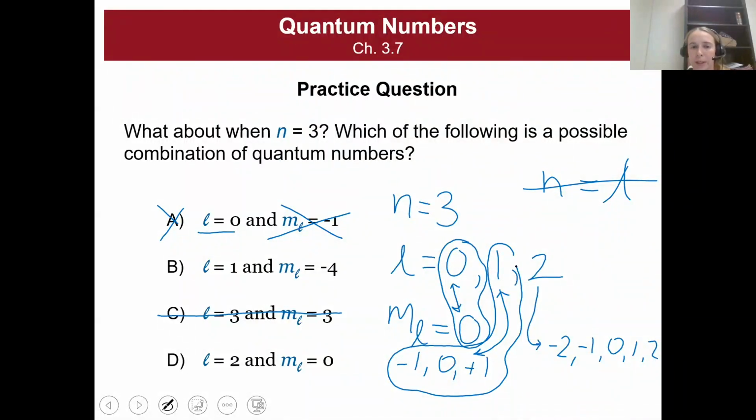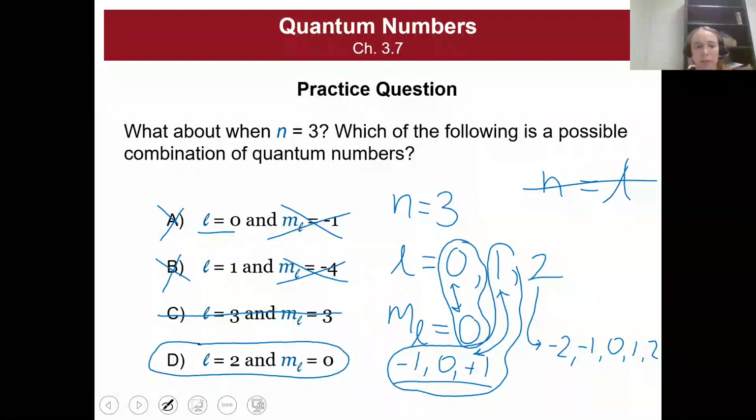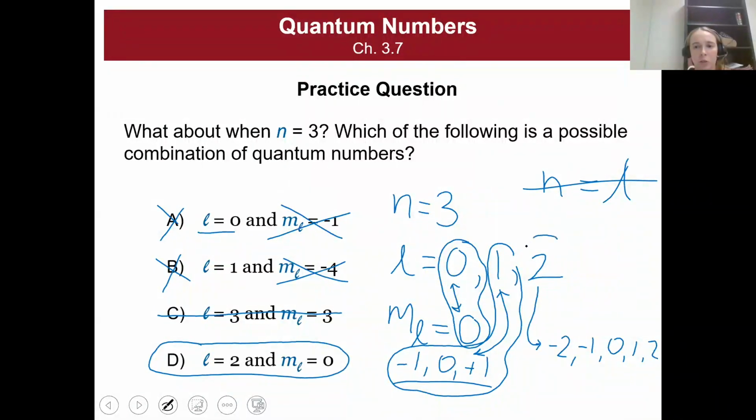It can't be -4. It can only be these three options. Okay, so that narrows it down. So can we do this one? Let's just double check and make sure I didn't make a mistake. So if L is 2, m sub L can be any of these numbers, so it can be 0. Yeah, awesome. So that's how you decide which of the following is a possible combination of quantum numbers.